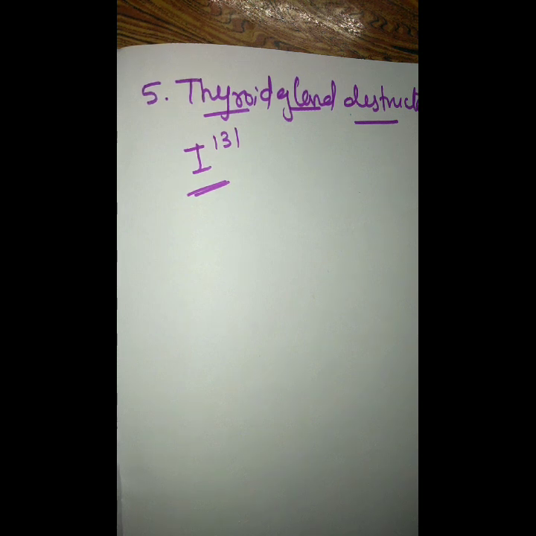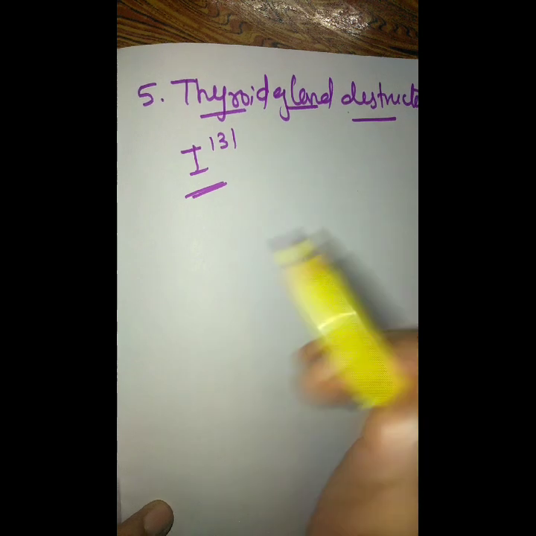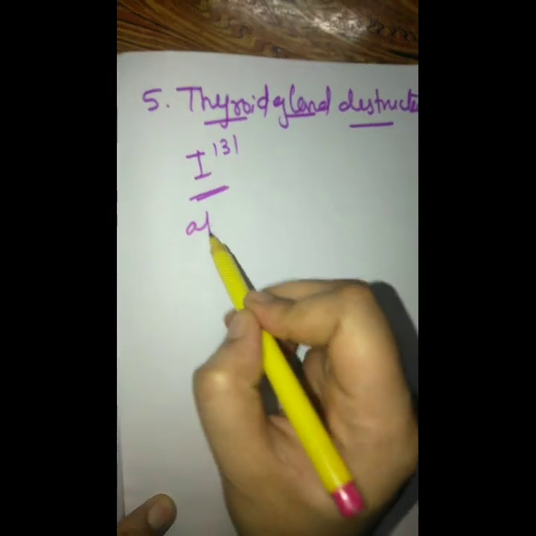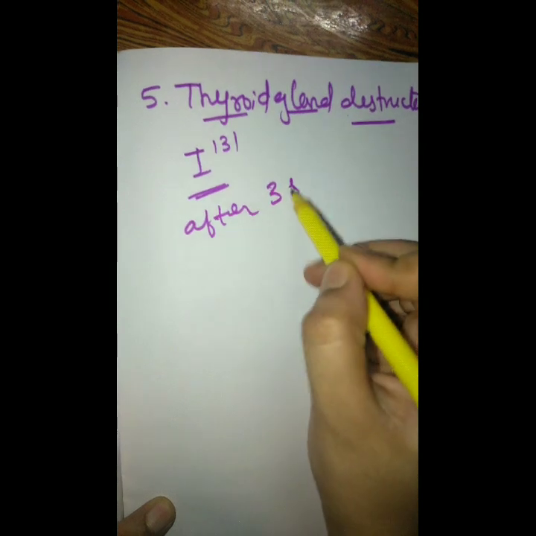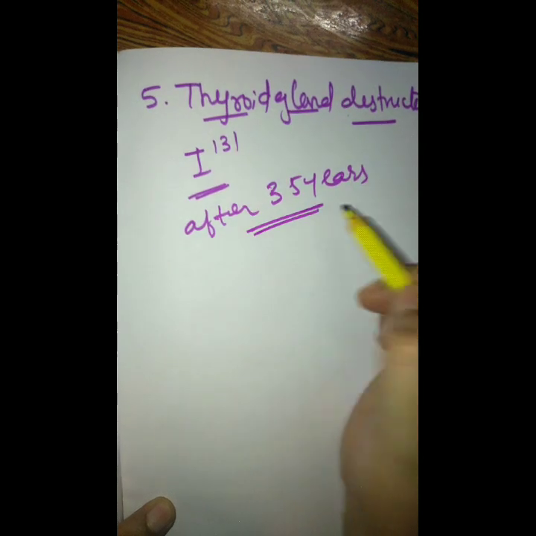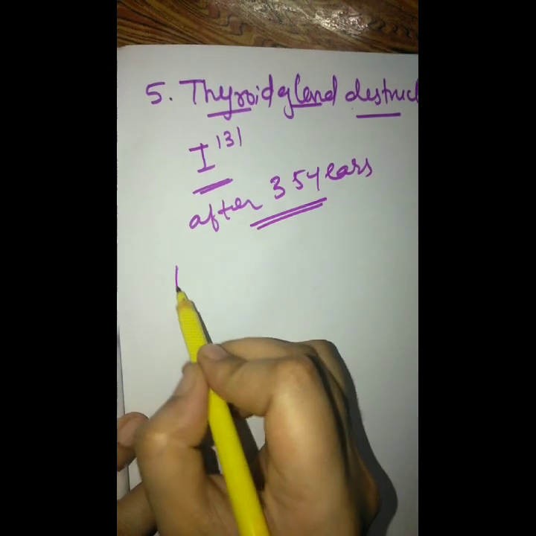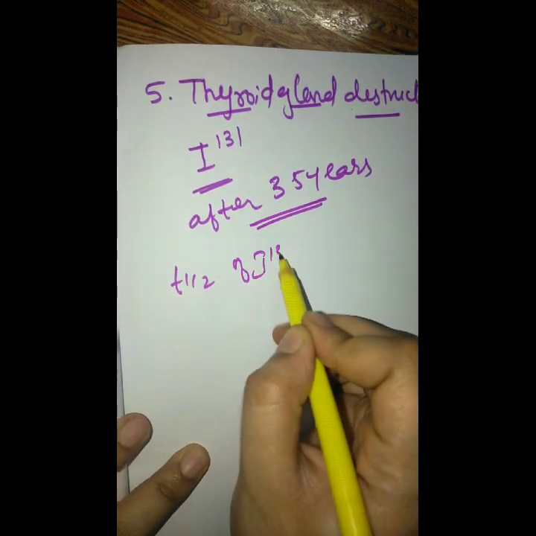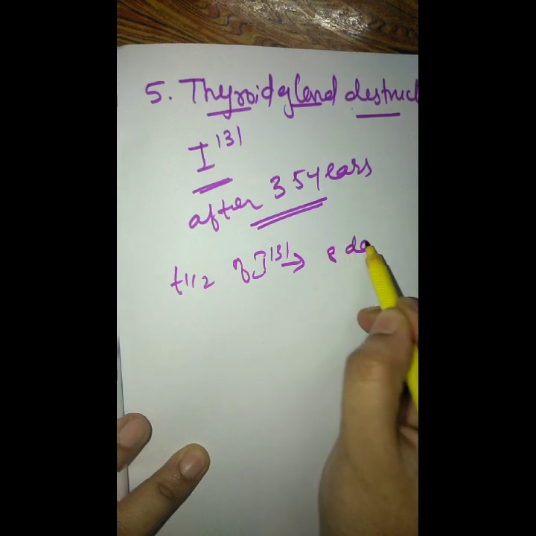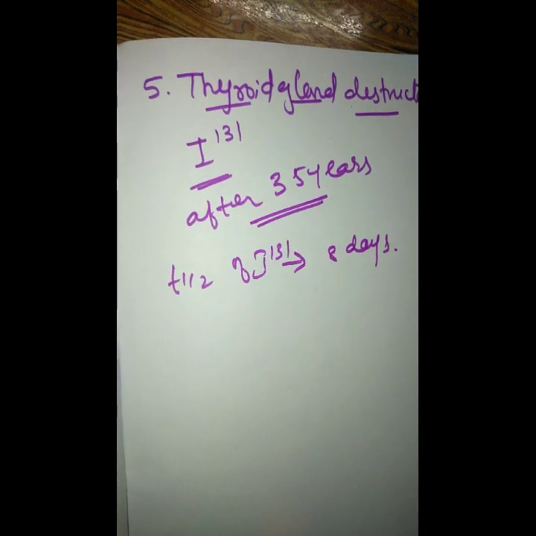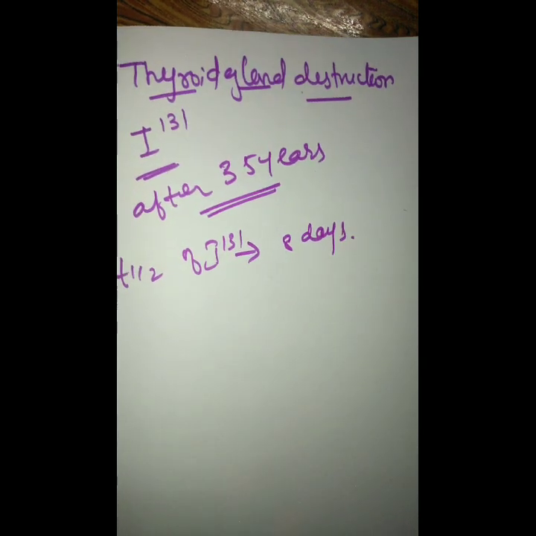So it is recommended that if you want to destroy the thyroid gland, you better do it after the age of 35 years, because after destroying the thyroid gland with radioactive isotope, you require lifelong thyroid therapy. Moreover, the half-life of this radioactive iodine is about 8 days. So this is regarding the destruction of the thyroid gland by radioactive iodine.